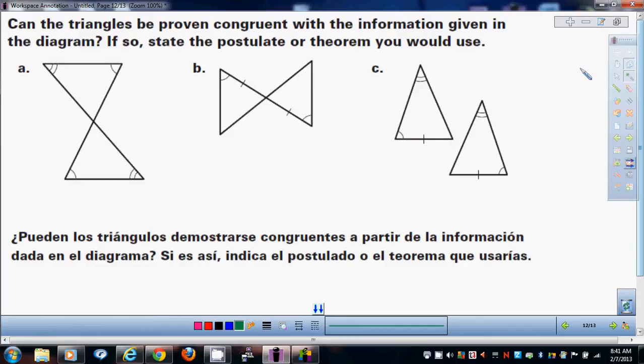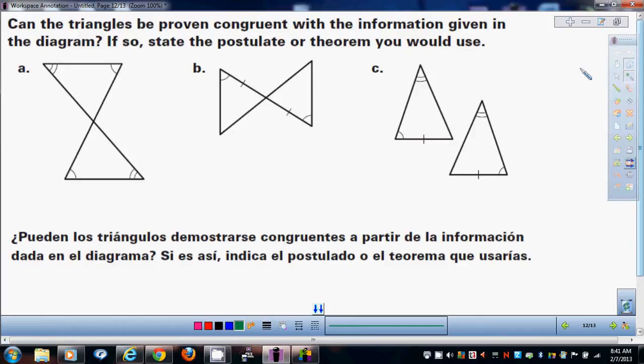No, not enough information. Now some of you are like, ooh, what about vertical angles? Vertical angles would show you these angles were congruent. You can't use parallel line theorems unless you know the lines are parallel, which it doesn't tell you.